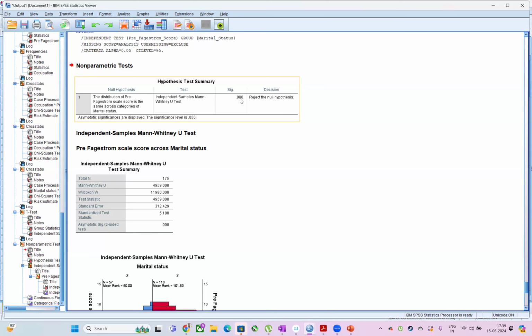Because it's not normally distributed. One more thing is, the median is not much affected by outliers.